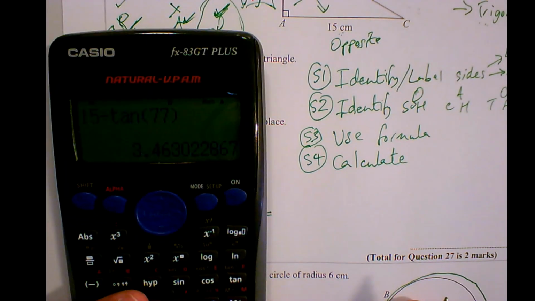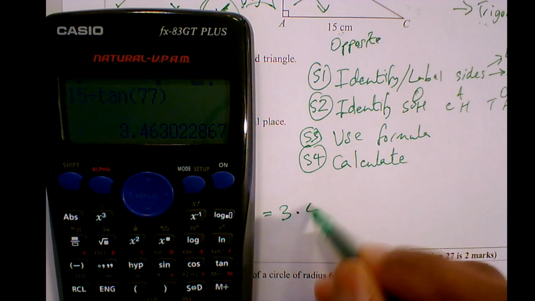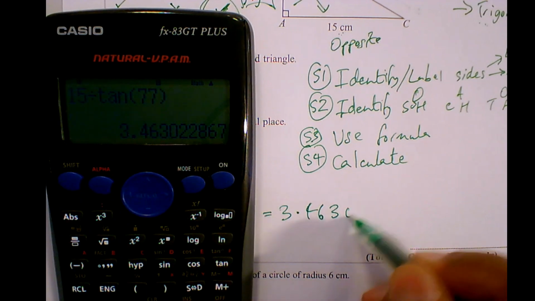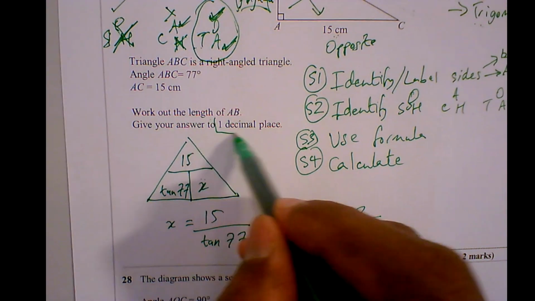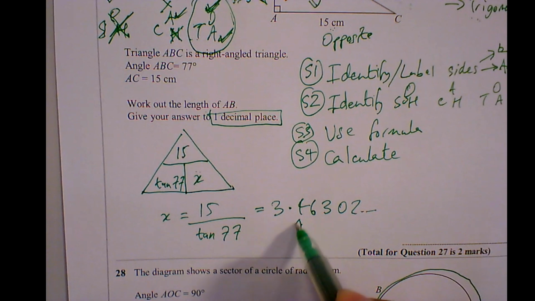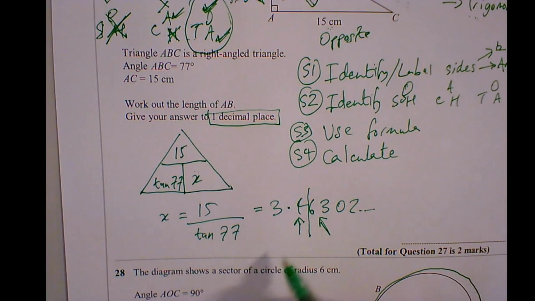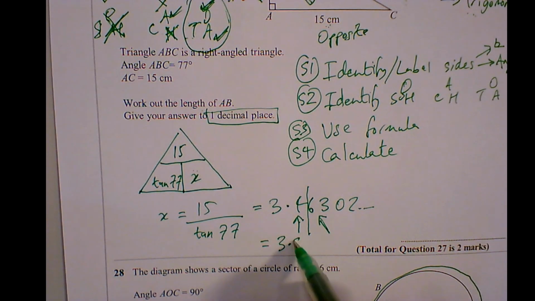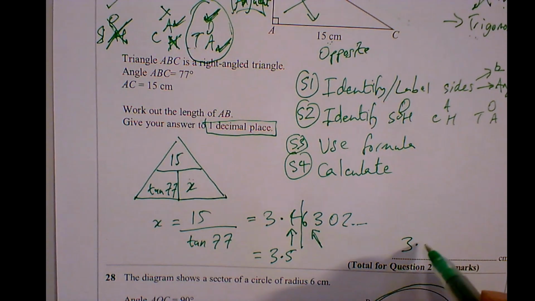Now, if I read my question, give your answer to one decimal place. So I've got one decimal place. What's my next one? It's 6, so I'm rounding up, so it becomes 3.5. My final answer is 3.5.